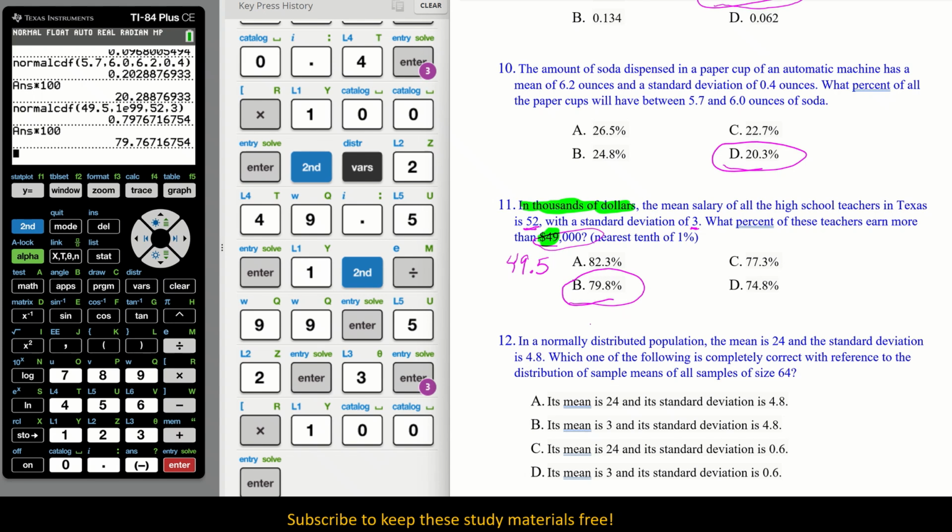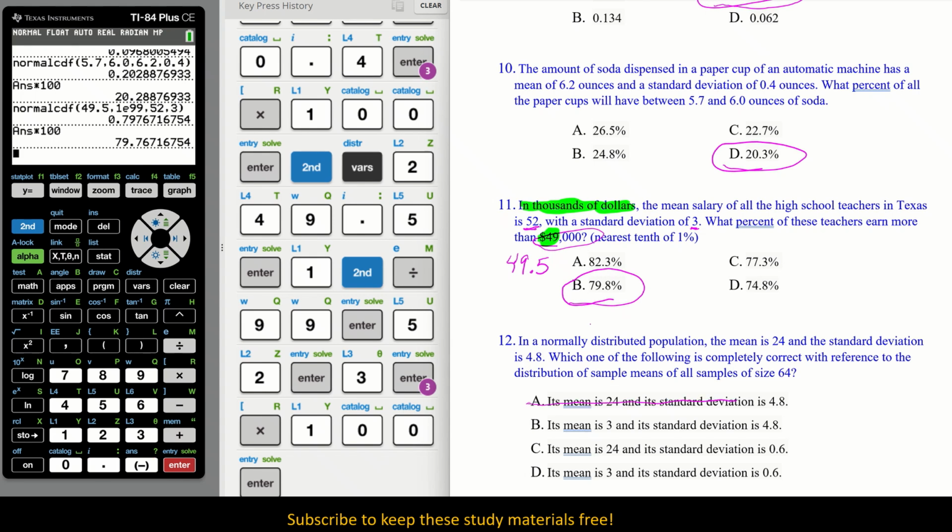What can we say is true? First off, I can tell you right now that our mean will stay the same. The population mean and the sample mean will be the same. It's one of those things that they taught you in school; you just got to know this knowledge.